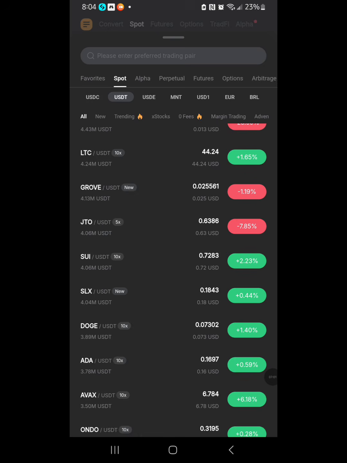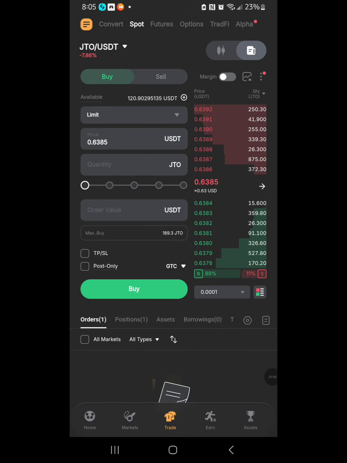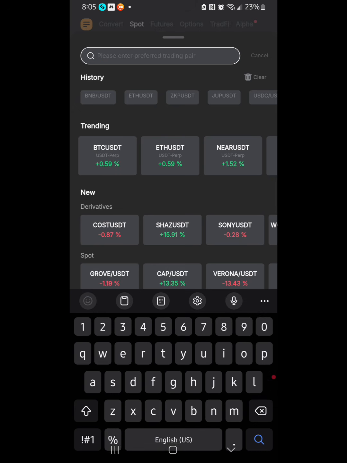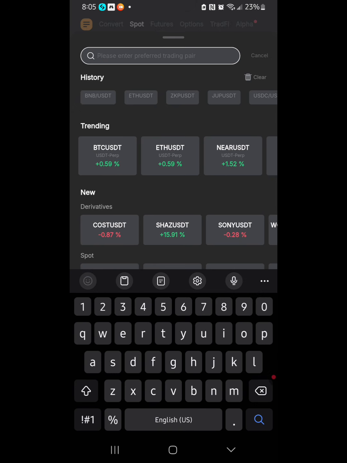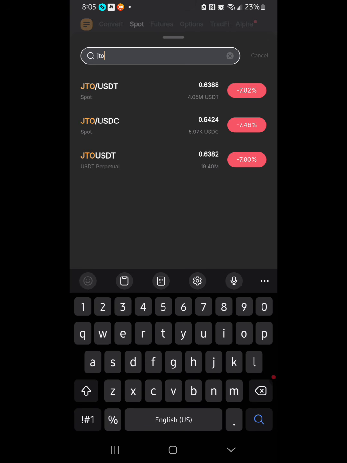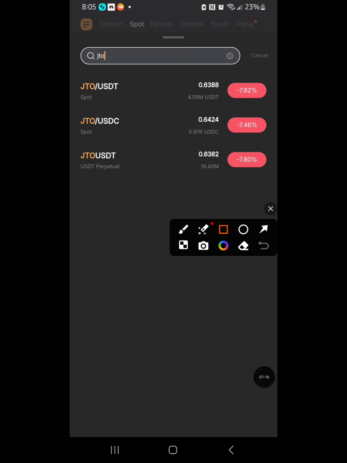And the way you spot an opportunity right after choosing any one there is by searching up the same JTO on your search bar under spot, so that you can make a comparison between the different prices. And as you can see, we have the first price here at 64.24.